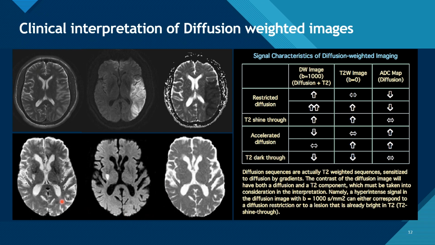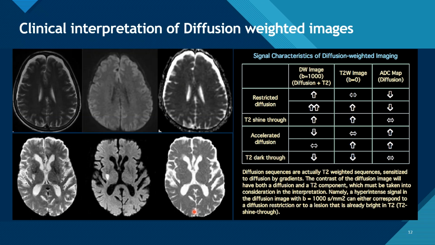So when we have a high image on B0, B1000, which does not appear on ADC, this means that is an artifactual diffusion restriction which appears as a T2 shine through. This appears high on DWI image, high on T2 or B0 value image, but it will appear iso-intense on the ADC map.